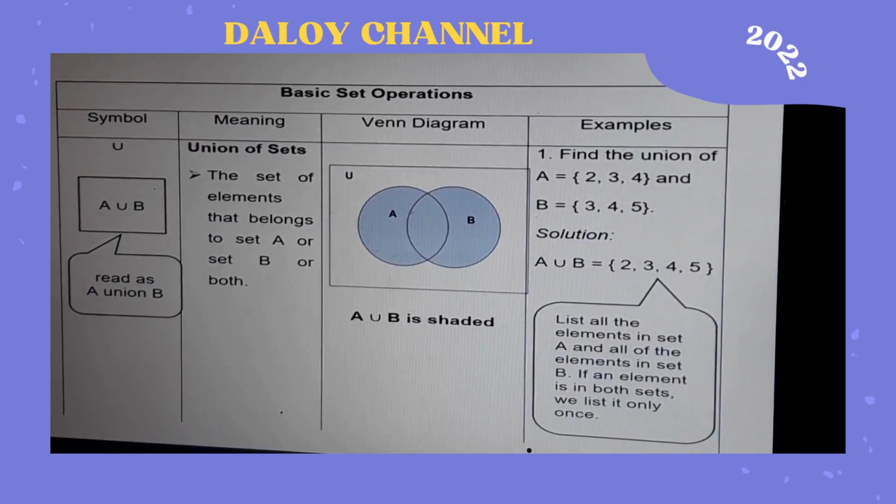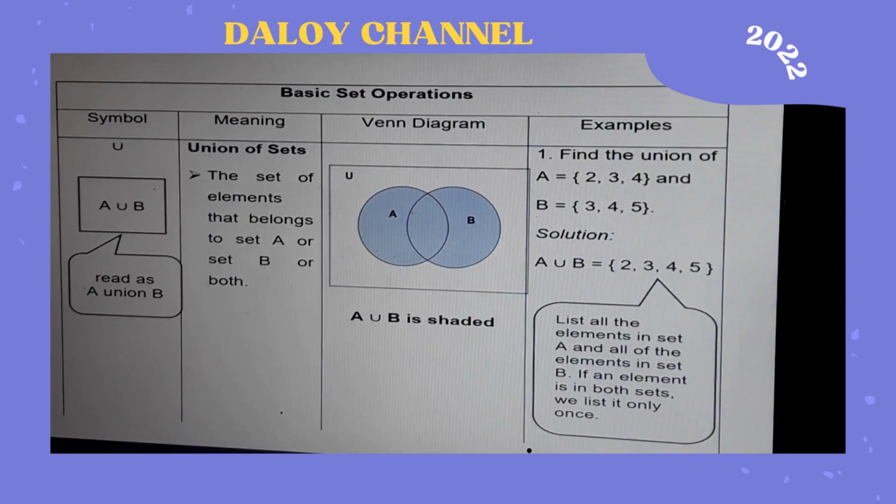Example: find the union of set A, which is composed of 2, 3, and 4, and B, which has 3, 4, and 5. So if we find the union between two sets, A union B is equivalent to 2, 3, 4, 5.